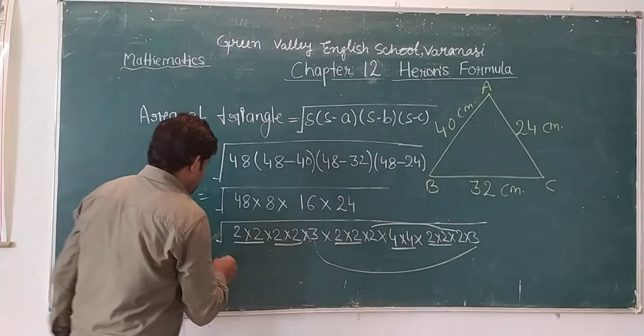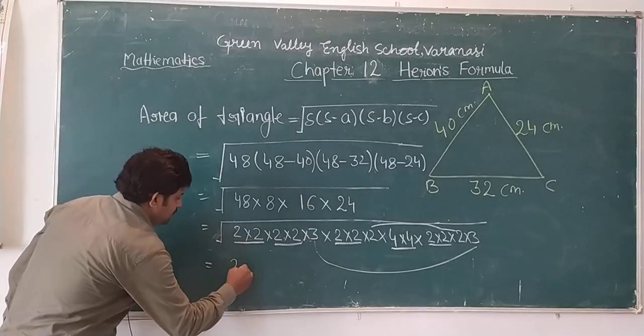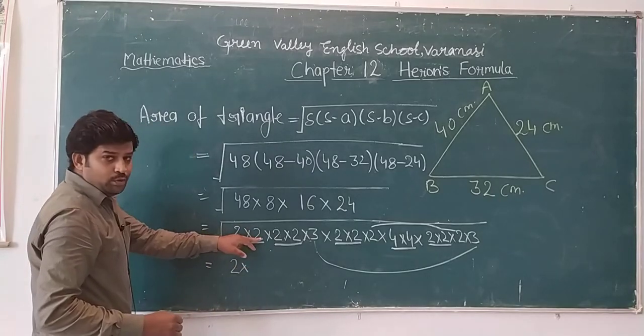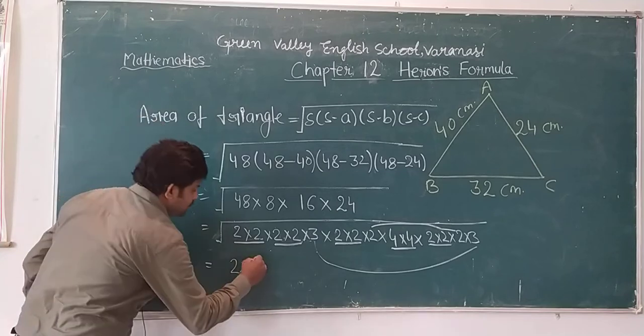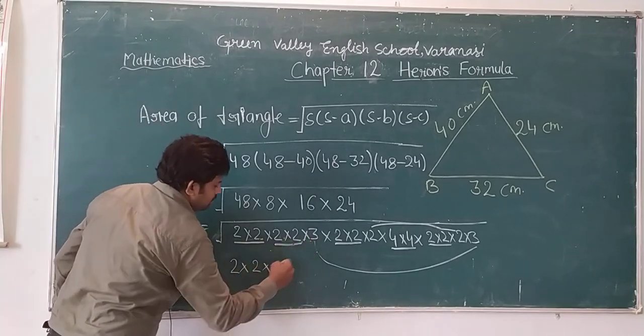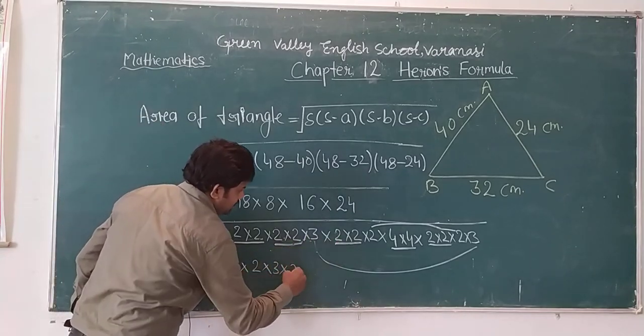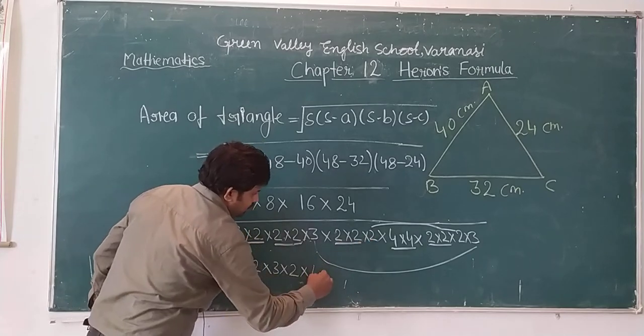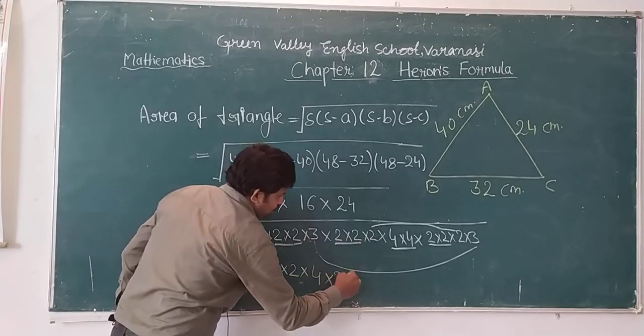Now we take common: 2 into 2 we take common 2, then 2, 3, 2, 4, 2.